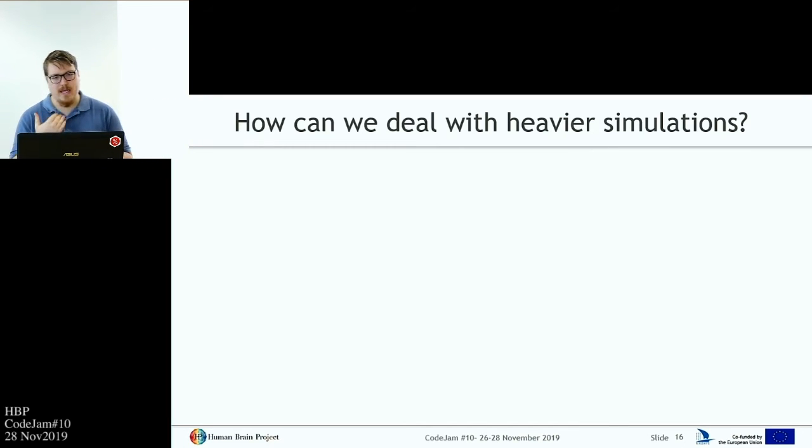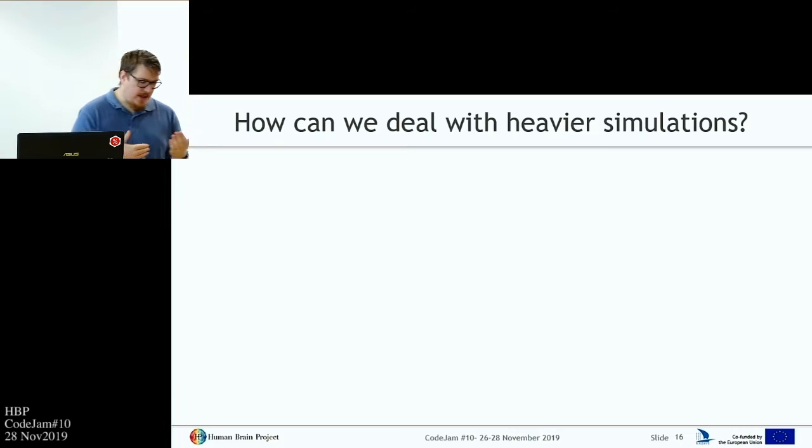So what if we want something more? What if we want to simulate the kind of circuits that Claudia showed you? So the flocculus circuit, 1 million neurons. We cannot do that in real time, even without real time with the Heidelberg simulator. So we have to switch to something more powerful.